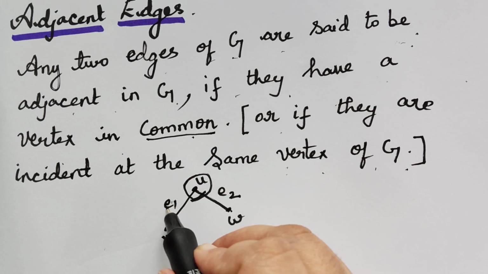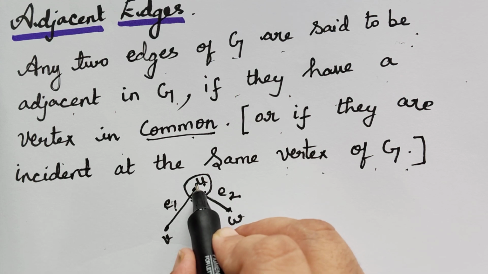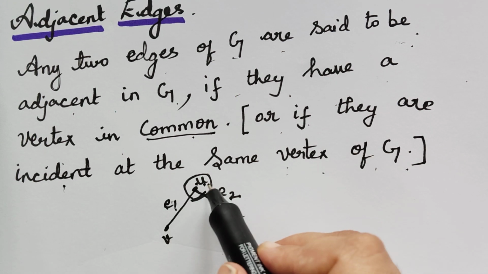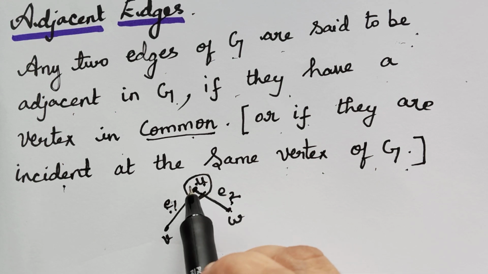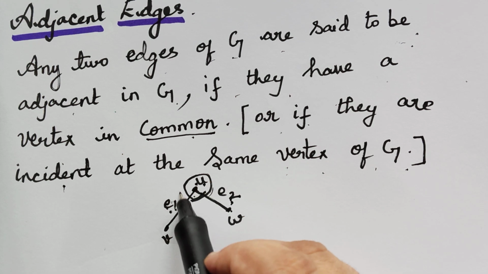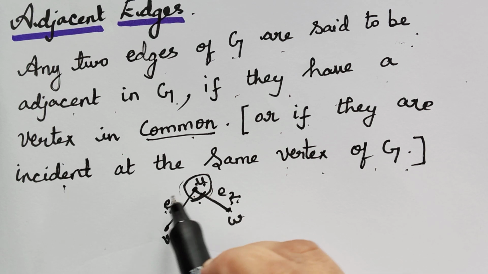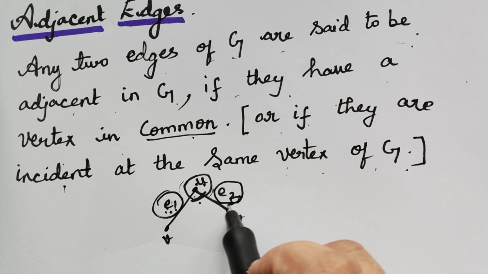That is, we know that E1 is incident with U and E2 is also incident with U. So if they are incident at the same vertex, so E1 is incident at U and E2 is also incident at U, which means they are incident at the same vertex of G, and therefore E1 and E2 are said to be adjacent edges. So E1 is an adjacent edge to E2.